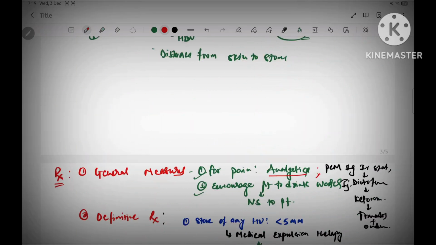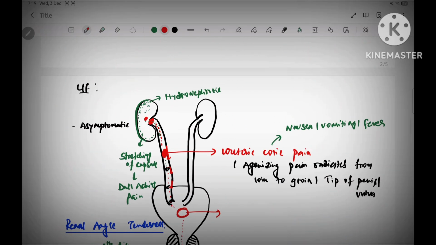Sometimes the stones are present in the renal pelvis or in the upper ureter. So in that case we just push the stone toward the pelvis and then we bang. So what is the treatment? That is push and bang. Bang means ESWL.